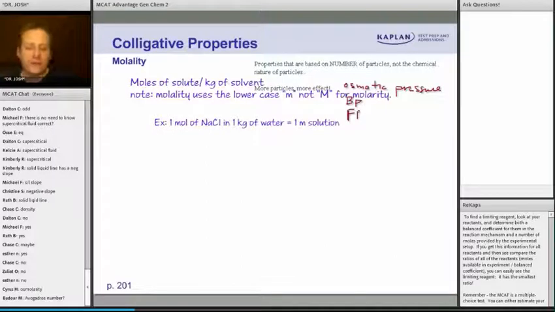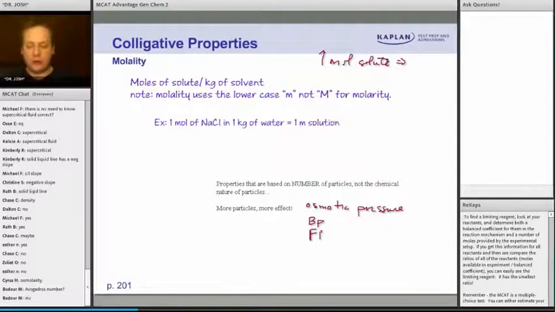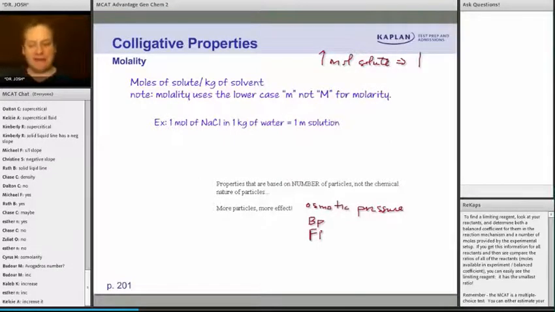Because boiling point and freezing point both depend on molality, not to be confused with molarity. Molality is moles of solute divided by kilograms of solvent. So if you add more moles of solute, what will that do to your molality?